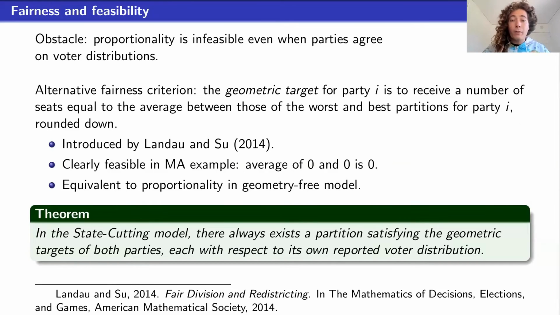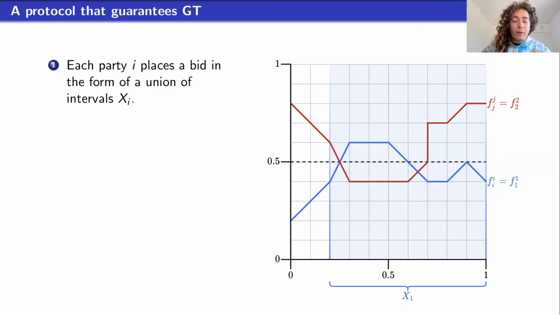The proof that a fair partition always exists is via a protocol, similarly to how you prove the existence of, say, an envy-free allocation via the divide and choose protocol in cake cutting. So the first step of the protocol is that each party i places a bid in the form of some union of intervals, and we're going to call that set X_i.